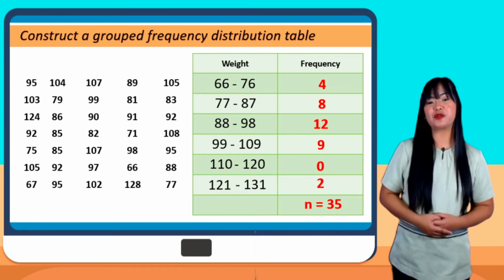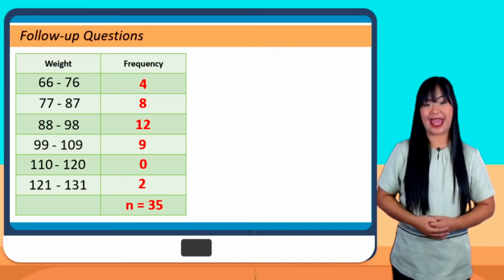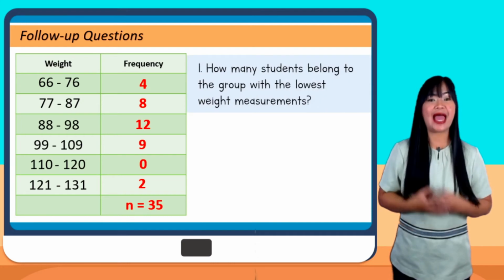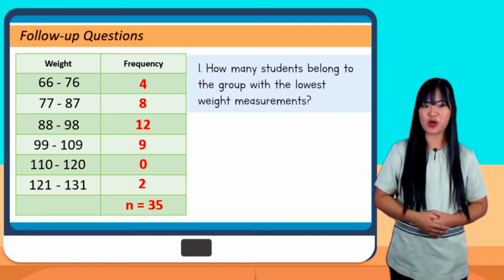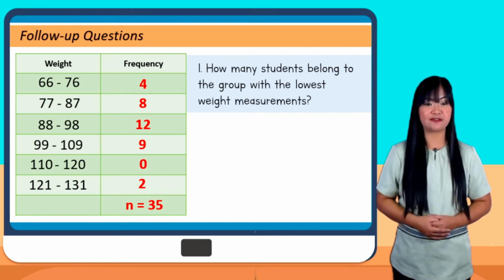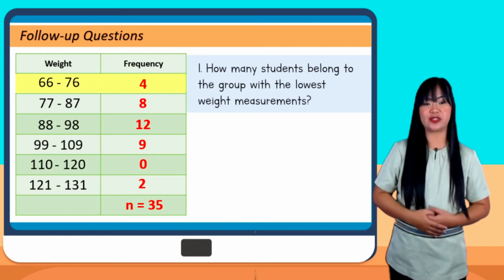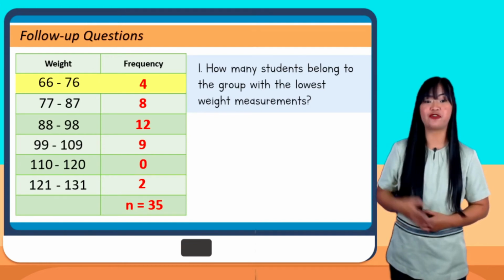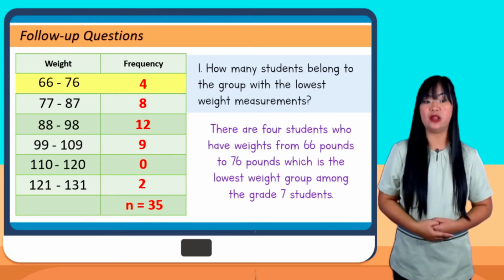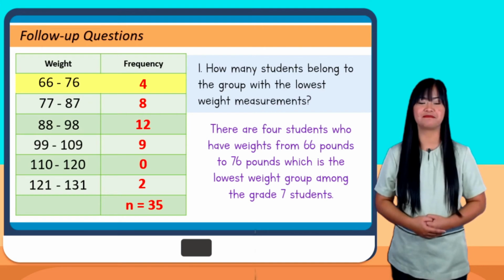Now that our group frequency distribution table is complete, let us start answering the questions. For the first question, how many students belong to the group with the lowest weight measurement? Based on the frequency table, there are 4 students who have weights from 66 pounds to 76 pounds, which is the lowest weight group among the grade 7 students.